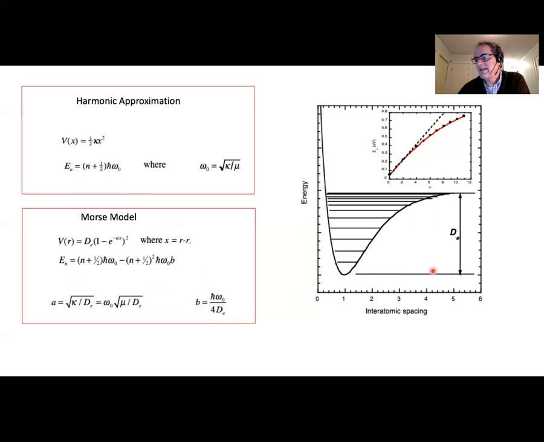The dissociation energy is how much energy we have to add to the molecule before it breaks apart, before we put it into a state where the two nuclei can be infinitely separated. Okay? All right. And so those are the two things we expect to get from our measurement.